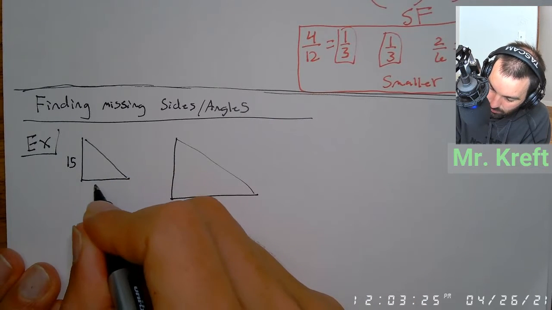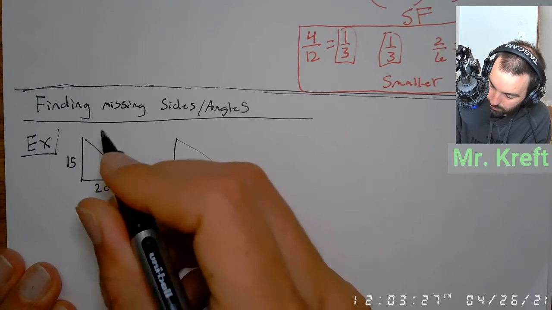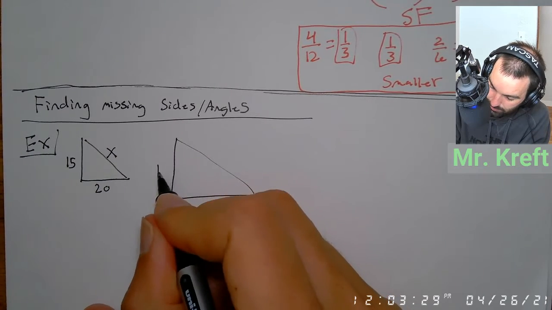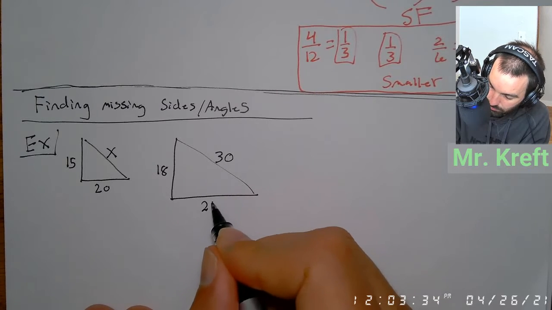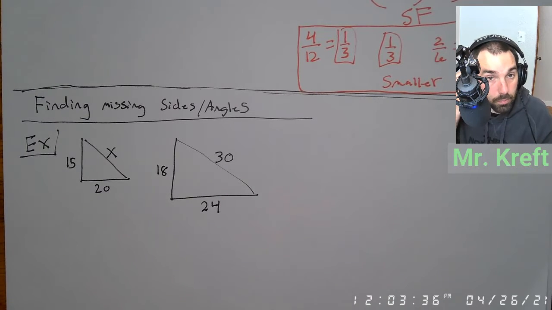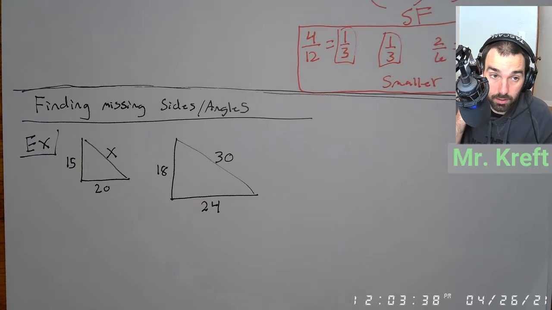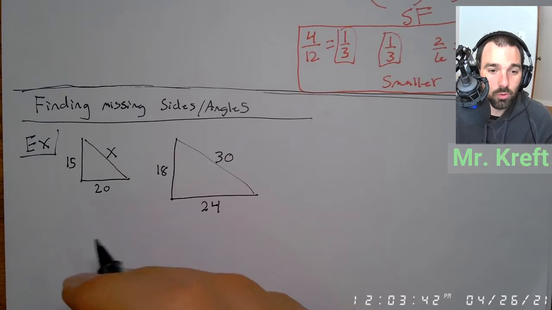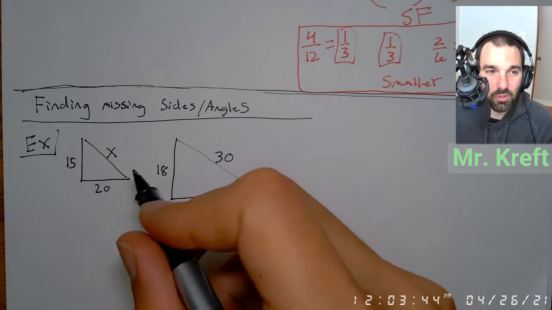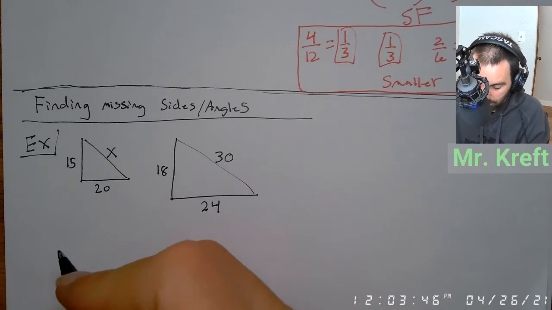So I have 15, 20, and X, and then I have 18, 30, and 24. Now, the problem here is we can't use the large, small, medium because we don't know what the value of X is.